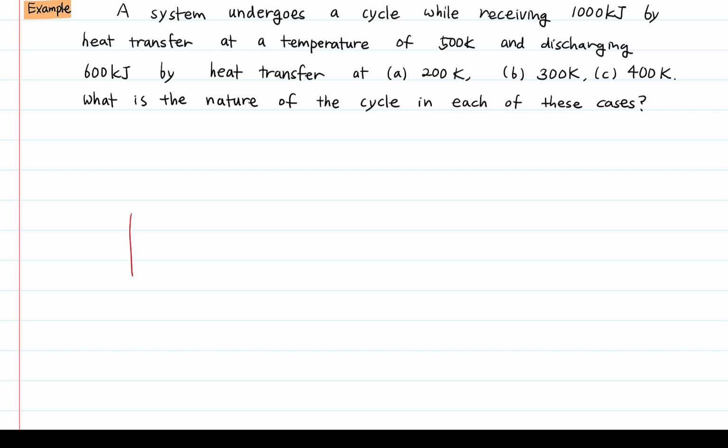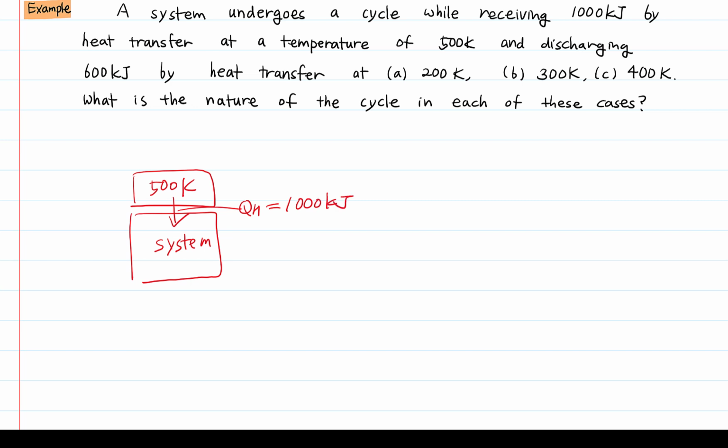So here, this is our system. It exchanges heat with two reservoirs. One is a high temperature reservoir at temperature 500 Kelvin, and the system absorbs 1000 kJ, QH, from the high temperature reservoir. And the system rejects heat to a low temperature reservoir.